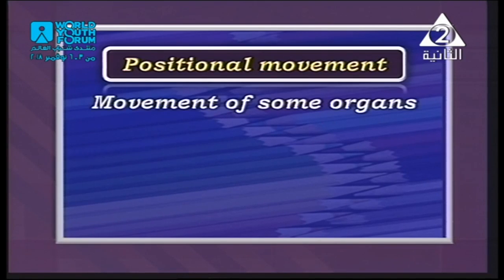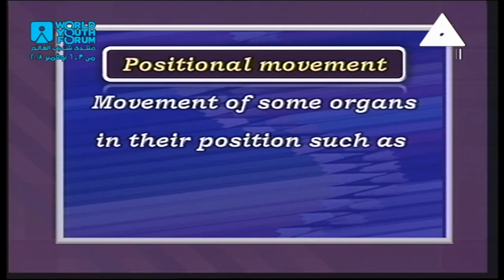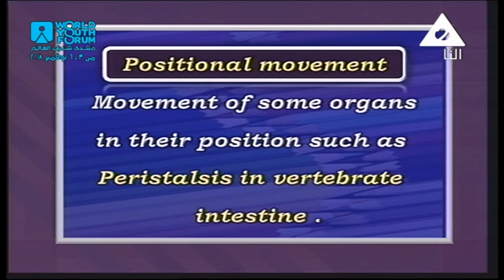It is the movement of an organ or some organs, like the peristalsis in the vertebrate intestine, the movement of the small and large intestine inside your body to move food from one part to another. It is considered a positional movement, while the circulation, the cytoplasmic streaming inside your body cells, is called continuous movement.